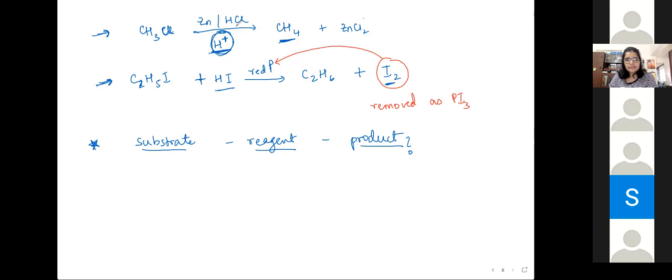Usually the acid is dilute HCl, but I also mentioned H+ because if you're not given HCl, don't be confused. You're using HCl for the purposes of H+ over here. You may be given zinc and H+. You may be given zinc and HCl. Either way, it's the same thing. It is a reaction between alkyl halide with zinc in acidic medium. So you're going to get an alkane.